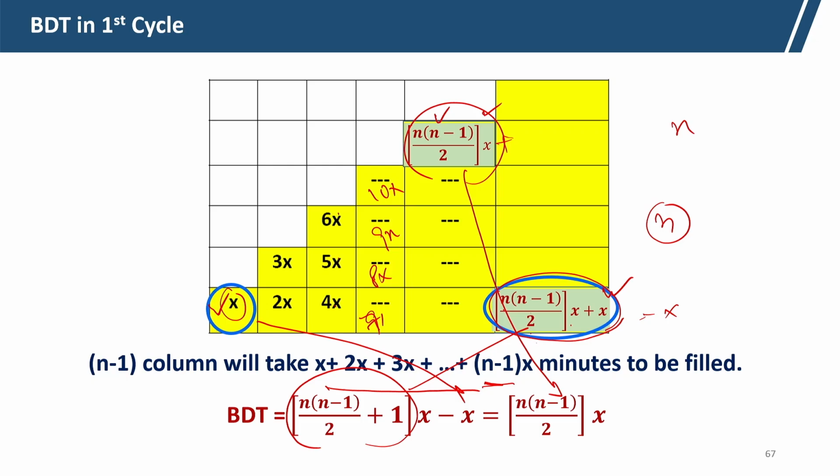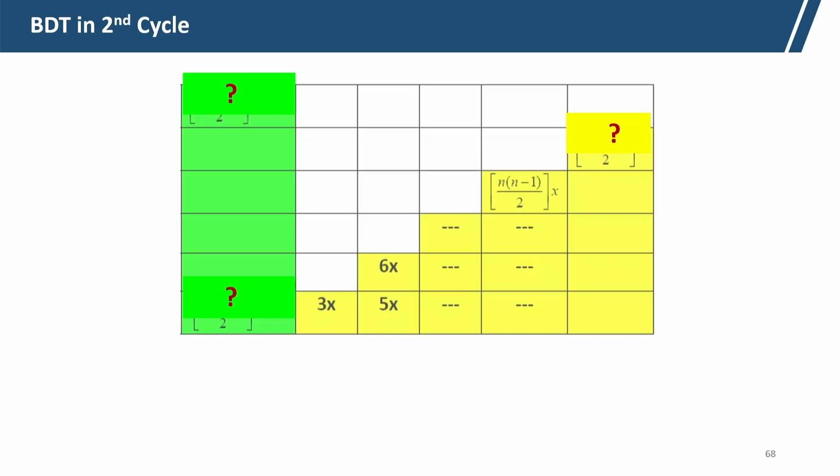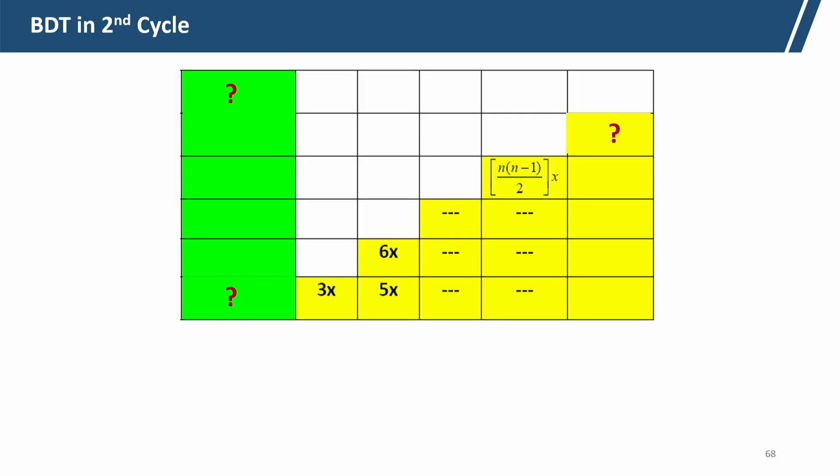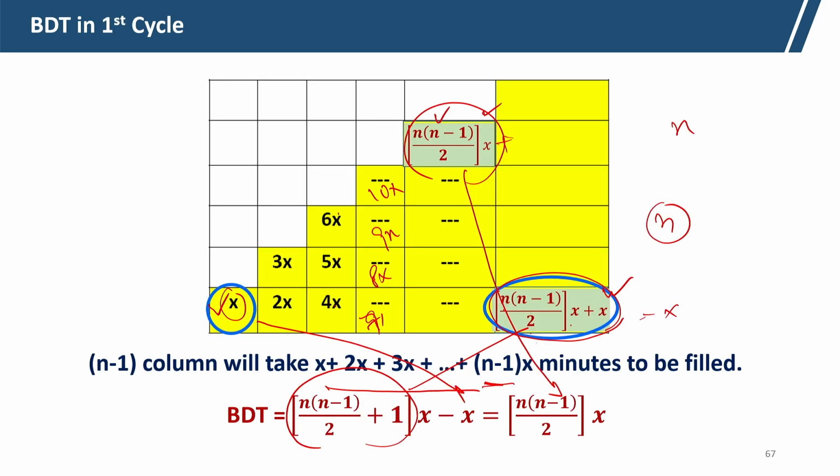This is the blending delay time for this generalized form, for the first cycle, with n minus 1 columns, and x is the time required to fill.